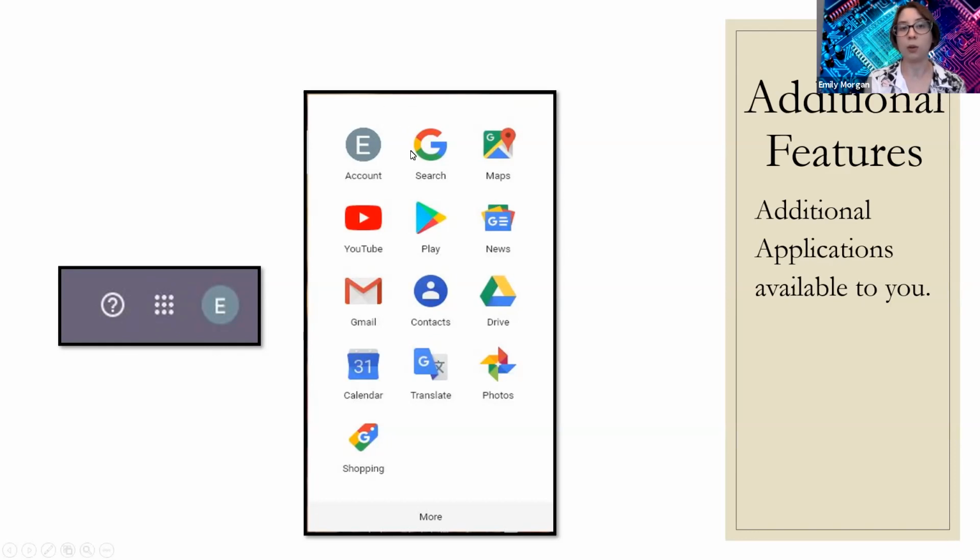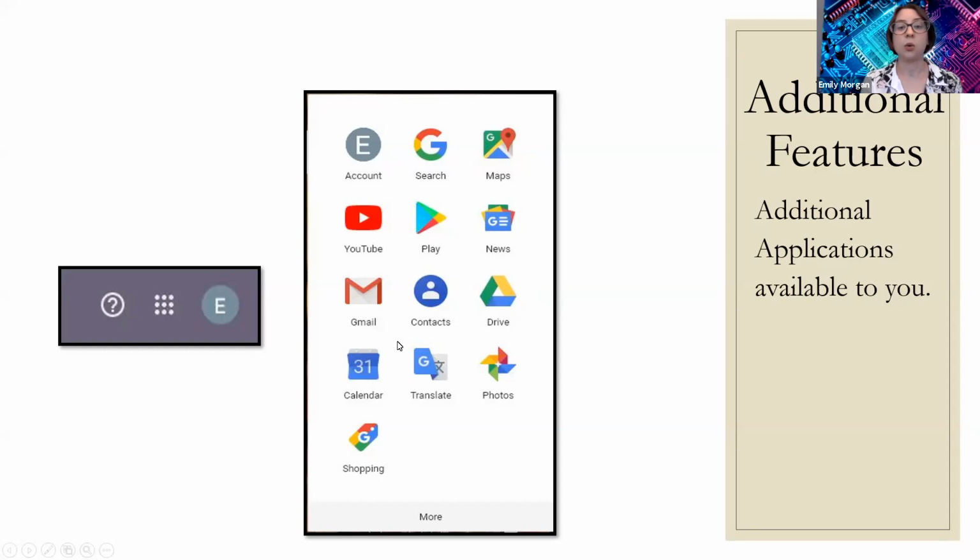So you've got your normal account settings right here with your name or your initial. You've got Google search, Maps, YouTube, your Play Store, Google News, your Gmail, so you can access your Gmail this way as well, your contacts, your Google Drive, which is kind of cloud storage, and your Google Calendar.